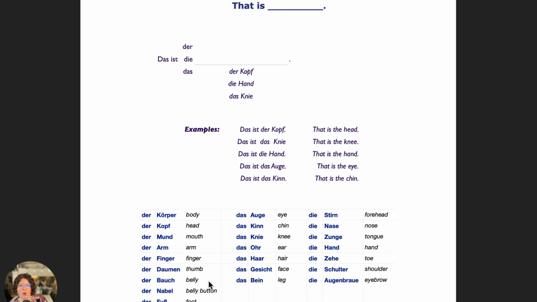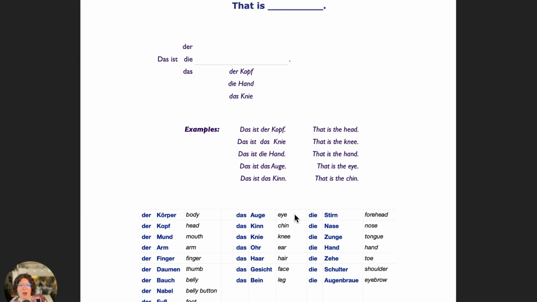Das ist der Bauch. That is the belly. Das ist der Nabel. That is the belly button. Das ist der Fuß. That is the foot. Das ist der Hals. That is the neck.